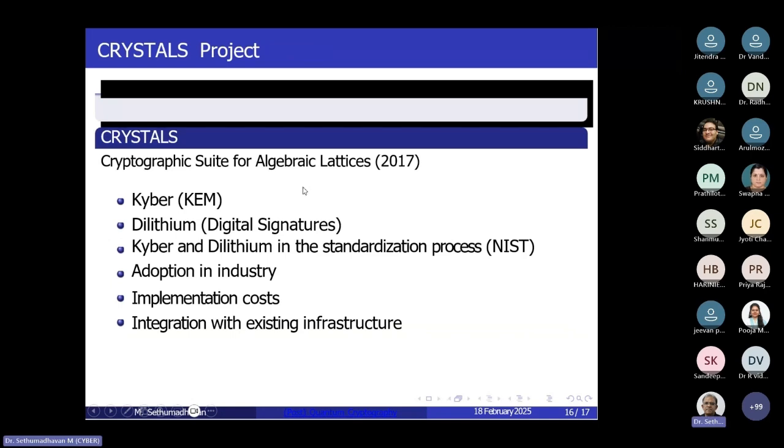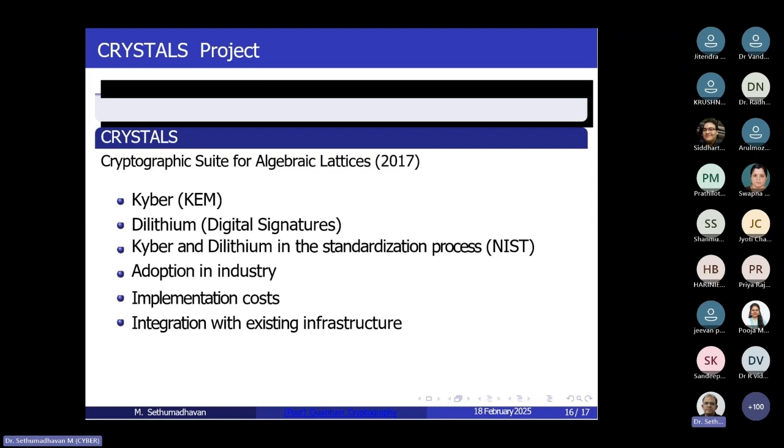There is a project called Cryptographic Suite for Algebraic Lattices. That project started in 2017. There is an algorithm called Kyber, for key encapsulation mechanism, and Dilithium for digital signatures. Kyber and Dilithium went through the NIST standardization process, and recently it's been adopted.